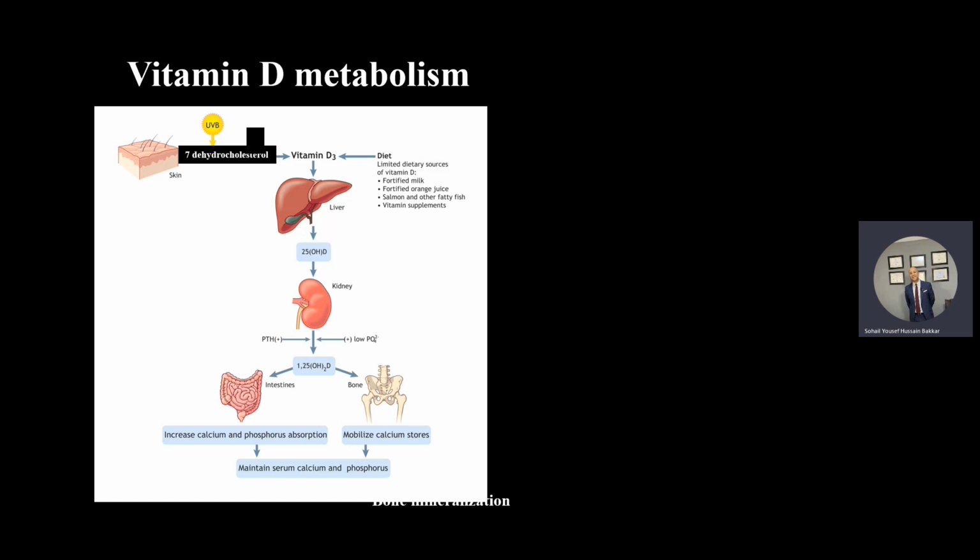As we can see, active vitamin D3's main role is to increase the absorption of dietary calcium from the intestine, and therefore any deficiency in vitamin D3 or its active form means that you will have a deficiency in calcium.